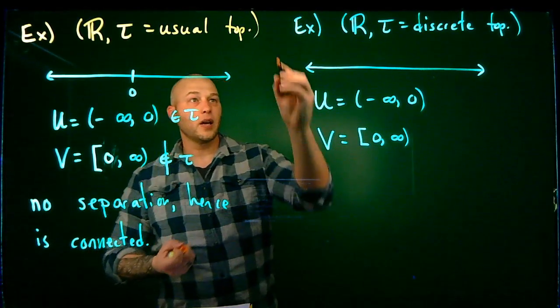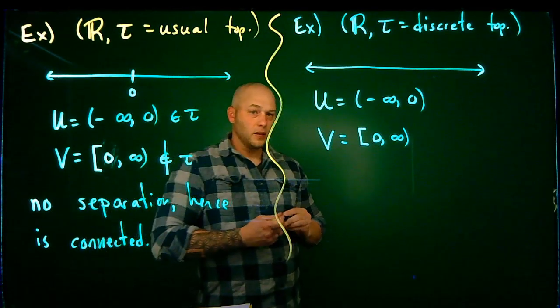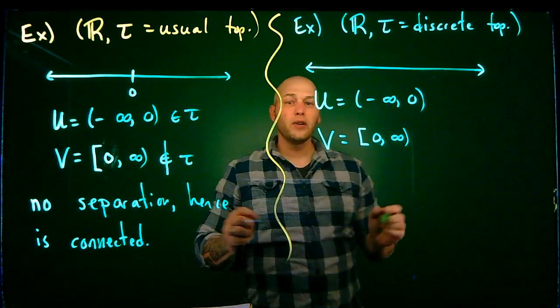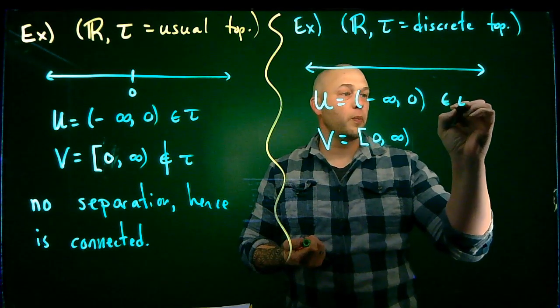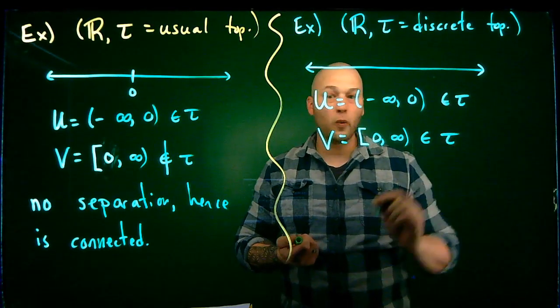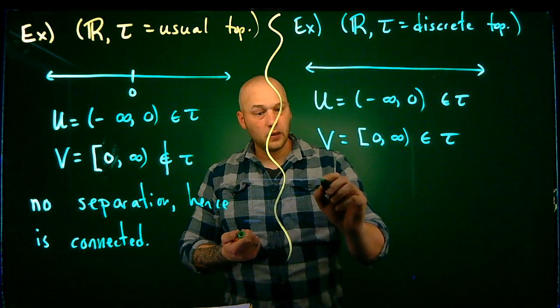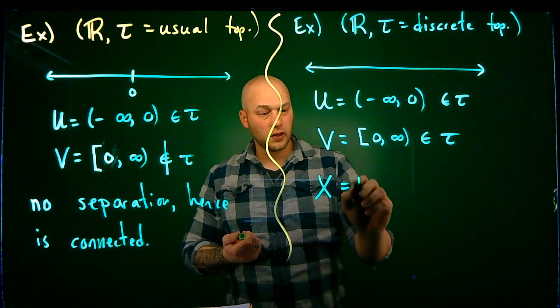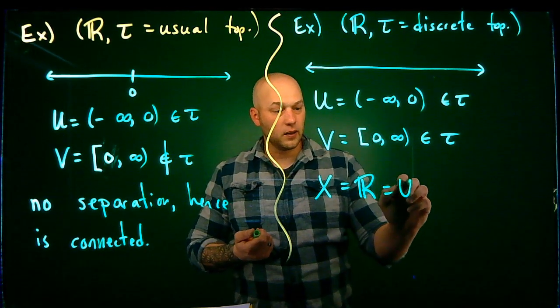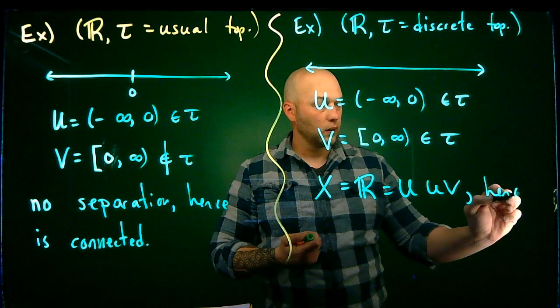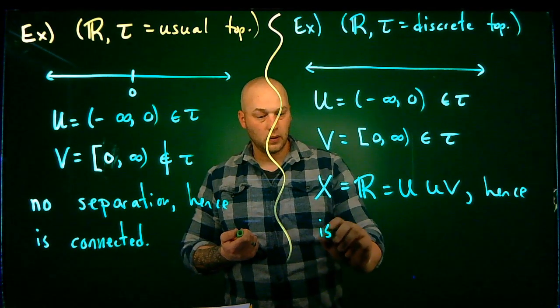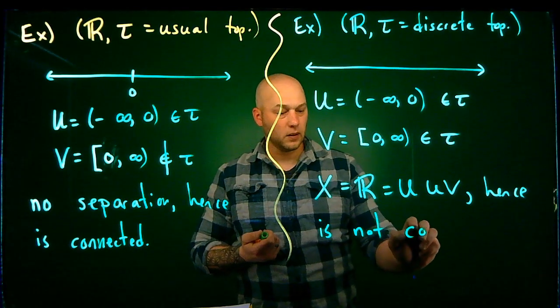But in the discrete topology, everything is open. So this is open, and this is open as well. And X, which in this case is R, is the disjoint union of U and V, hence is not connected.